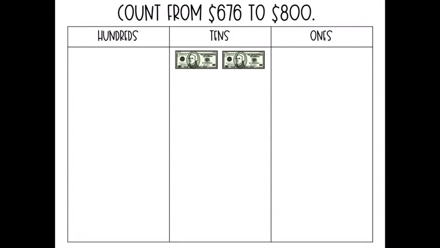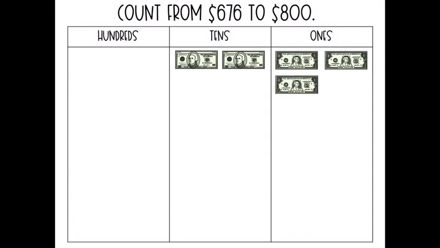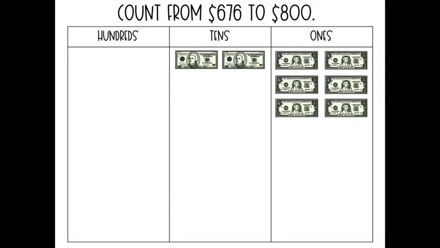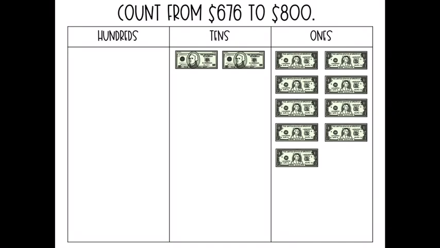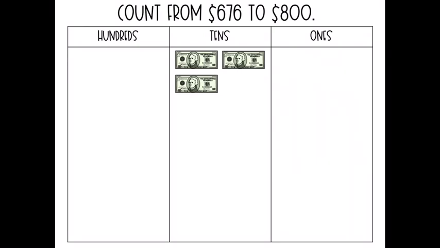Let's keep counting, starting with 696. 697, 698, 699, 700, 701, 702, 703, 704, 705, 706. That's another 10 ones, so we will make a 10.